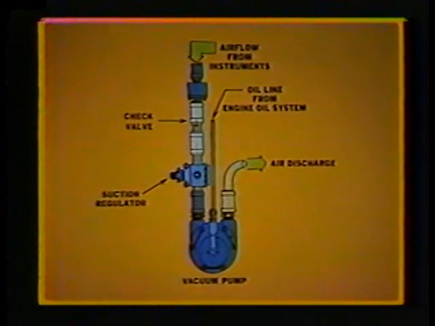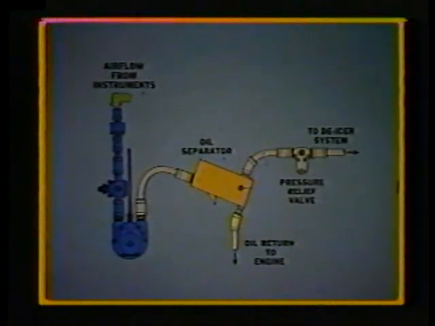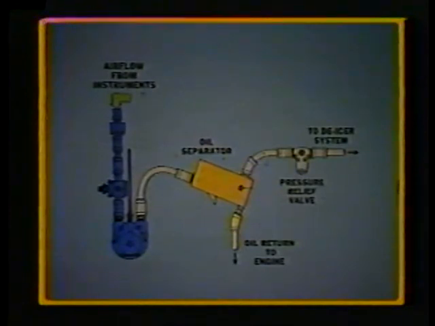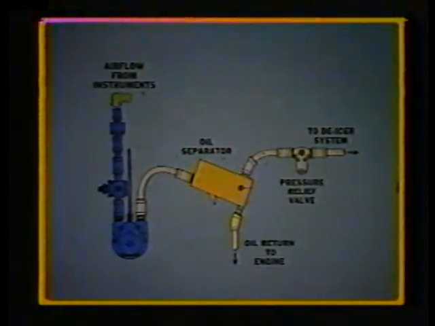This unit used a small amount of engine oil, metered under engine oil pump pressure, to achieve its sealing and lubricating qualities. Once lubricated, the oil from these parts was discharged into an oil-air separator to prevent unsightly oil stains on the belly of the aircraft. This separator allowed the oil to flow back into the engine oil supply for recycling back through the pump.